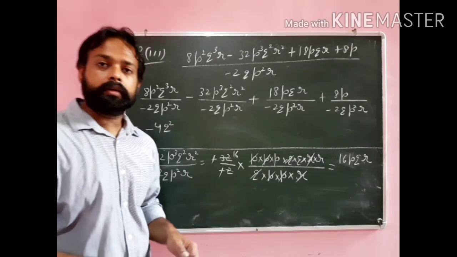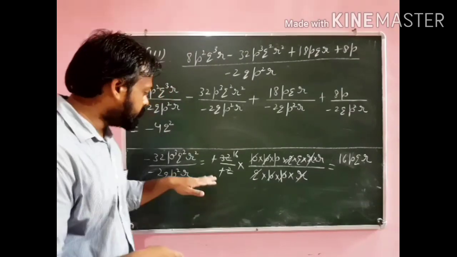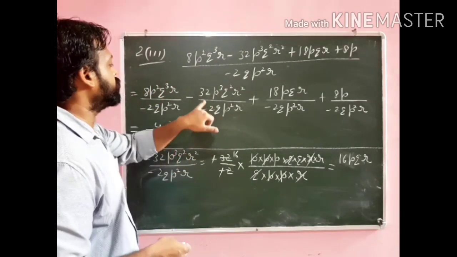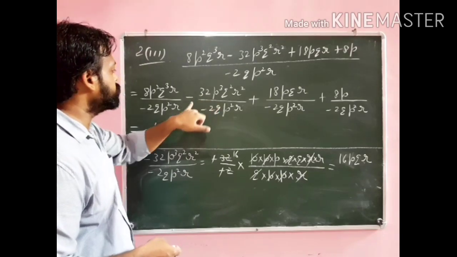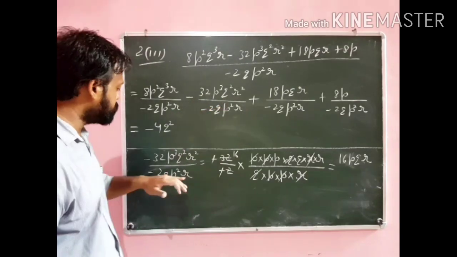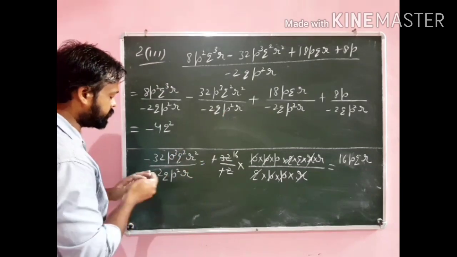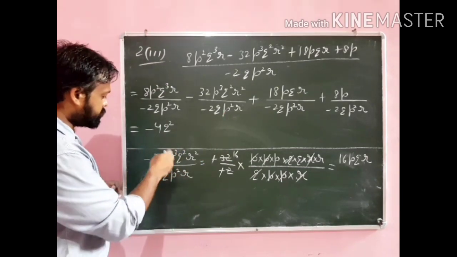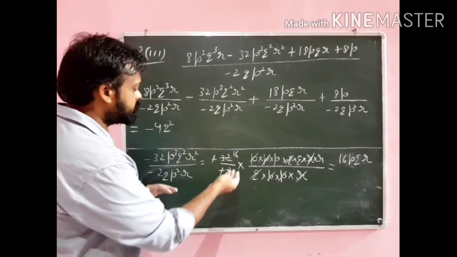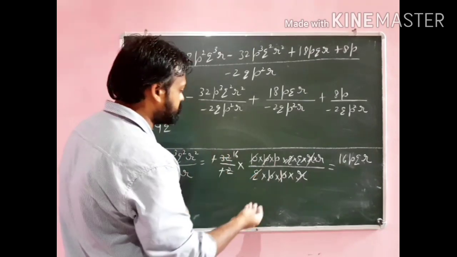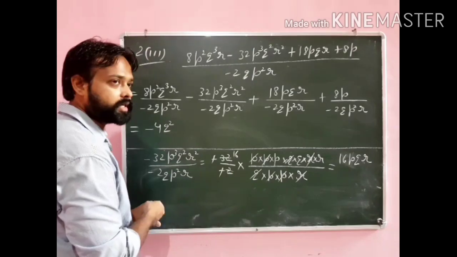In the same way we can solve the next term. We write minus 32 p cube q square r square into the numerator, and of course minus 2q p square r into the denominator. Again take the numerical terms separate from the variable terms by putting a multiplication sign between them.